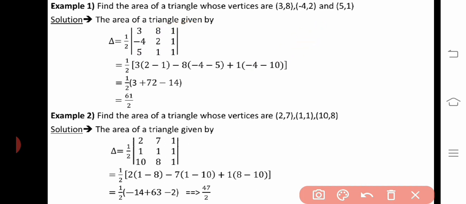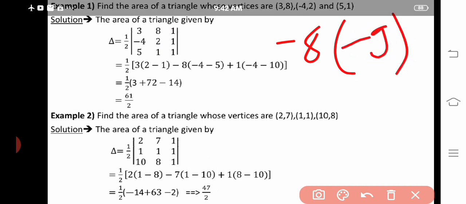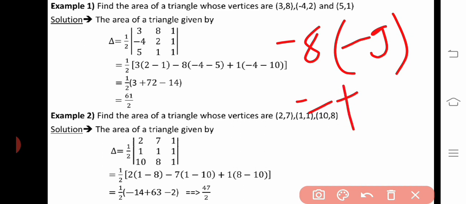Then simplify this one: equals 1 by 2 into 3 into 2 minus 1, which is 1, so 3. Then minus 8 as it is, into minus 4 minus 5, that is minus 9. Minus into minus is plus, we will get 9 eights are 72, plus 72.